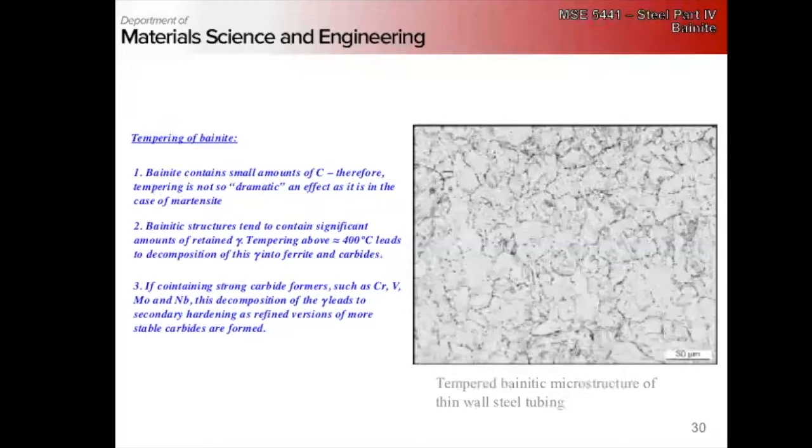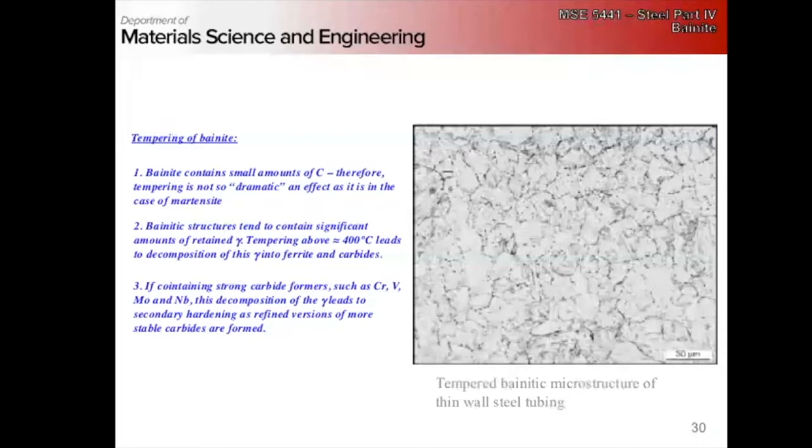But basically, if we have retained austenite, if our bainite reaction doesn't go all the way to completion, we still have retained carbon and this retained austenite, and this austenite is carbon enriched.